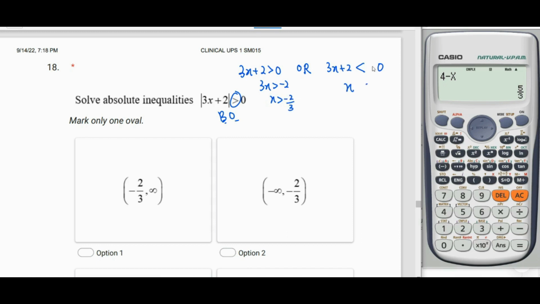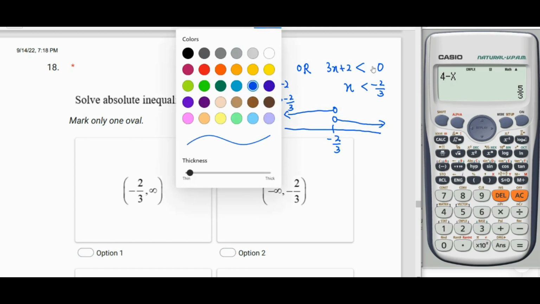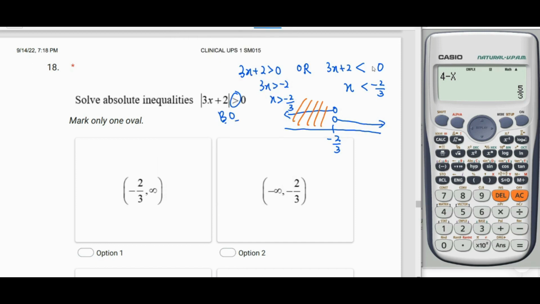For this side, x is less than -2/3. Then we have the definition or, union. So it will be every answer except -2/3. Therefore, for the union, you're going to combine: negative infinity up to -2/3, and -2/3 continuing to infinity.